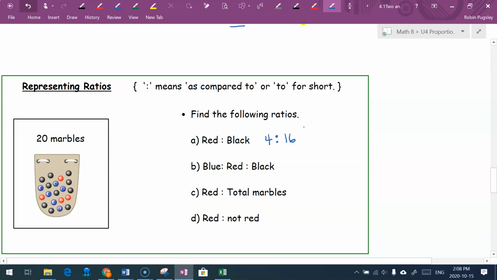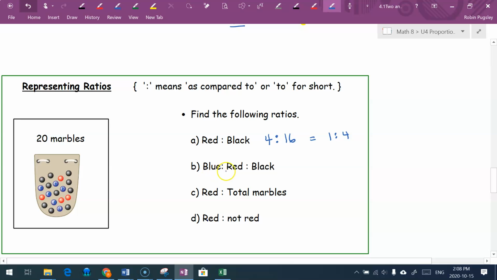It is a 4 to 16 ratio, which could then be reduced as a 1 to 4. So this tells me the proportion of red as compared to black is 1 to 4. So if I wanted to add more marbles and keep them in the same proportion of red to black, I could add 1 red marble and 4 black, or I could add 2 red marbles and 8 black, etc.